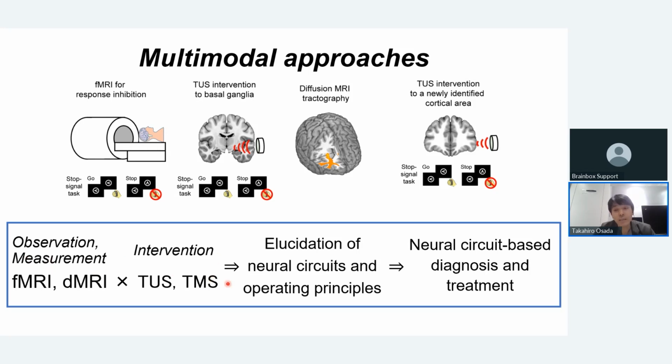By leveraging the unique strengths of each method, I believe we can identify the neural circuits underlying specific cognitive processes and elucidate the principles governing their operation. This approach holds the potential to pave the way for neural circuit-based diagnosis and treatment for neuropsychiatric disorders.